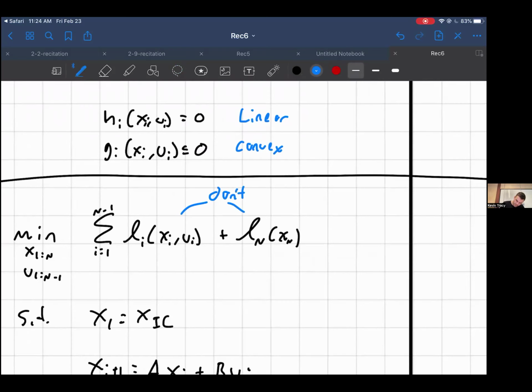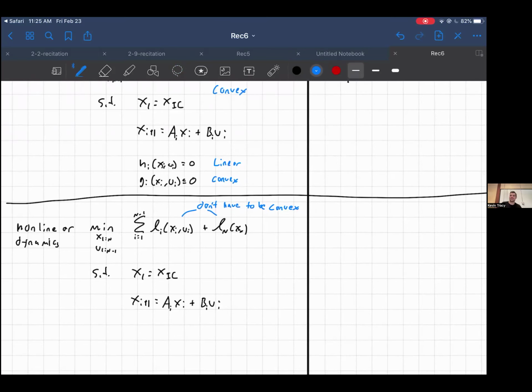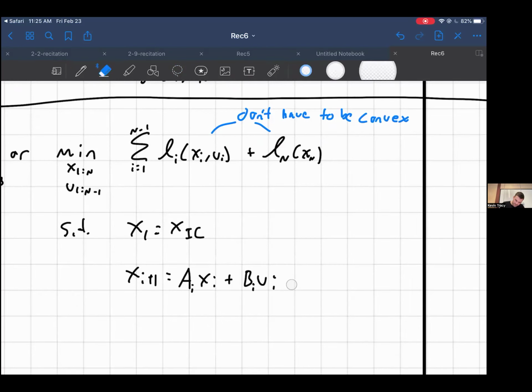Very importantly, these don't have to be convex. These can be anything. Now, there's no guarantee I can solve it, but they can be anything. And for our dynamics, I now have nonlinear dynamics. So I'll just write down some generic.